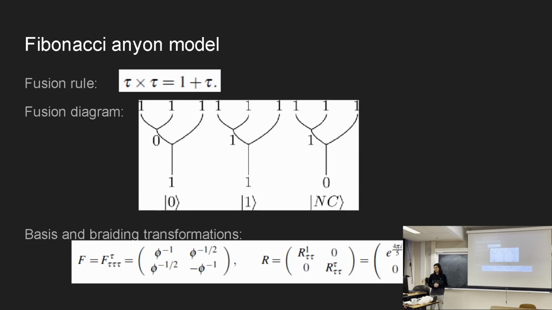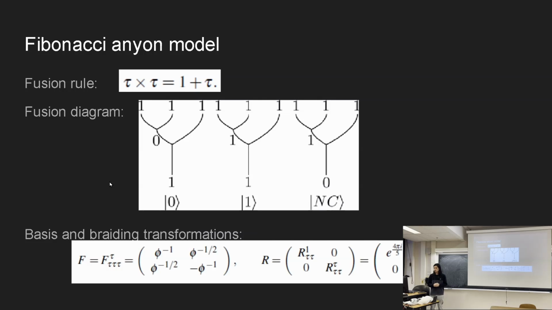So it's not like a quantum number or an actual quantum state of a particle. It's encoded as this fusion diagram. So how it fuses is what the qubit actually is.